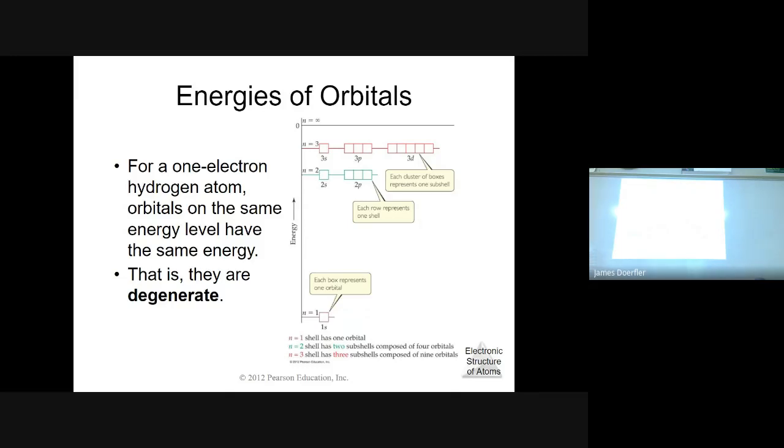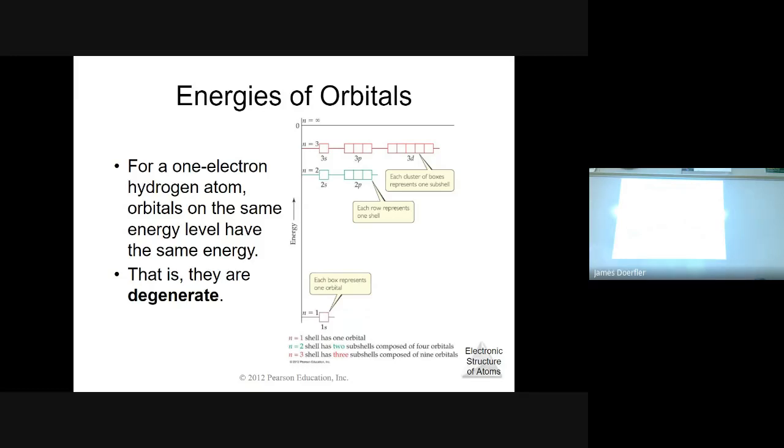Now again, for hydrogen, we've got degenerate orbitals. But as we move over to helium, and then back down to lithium, beryllium, and so on and so forth, we are adding electrons, right? And what happens when we start adding electrons?